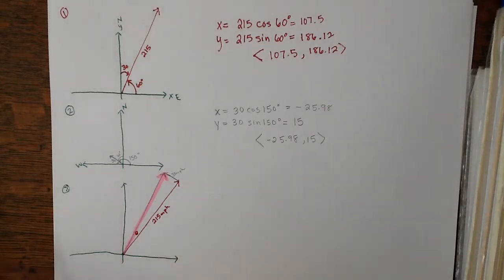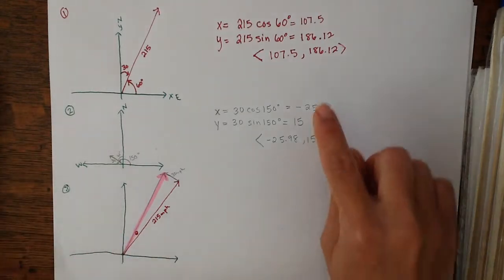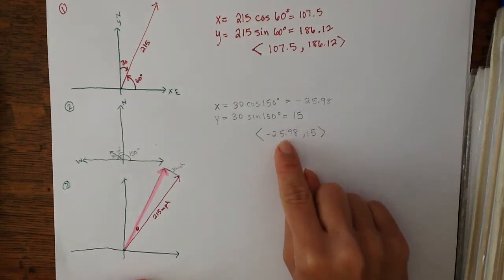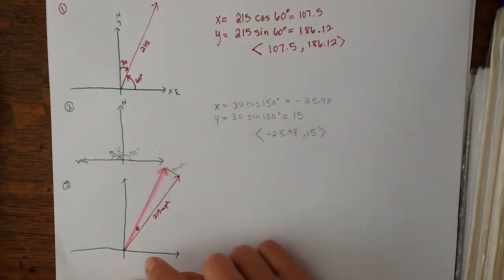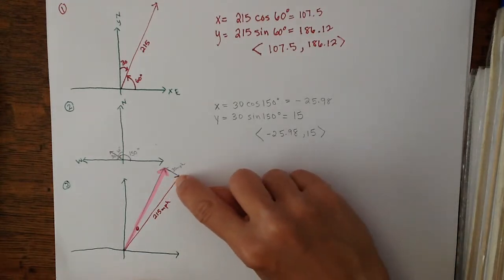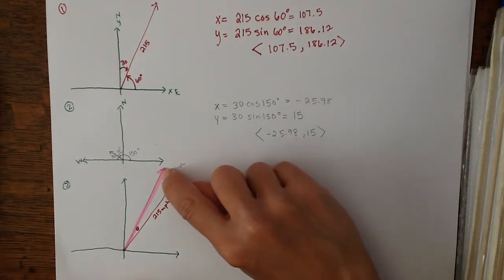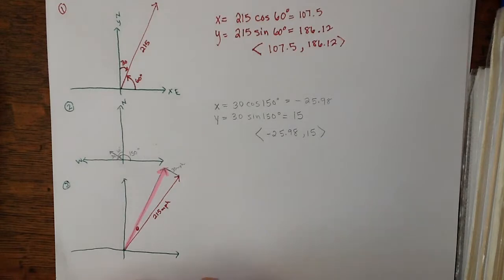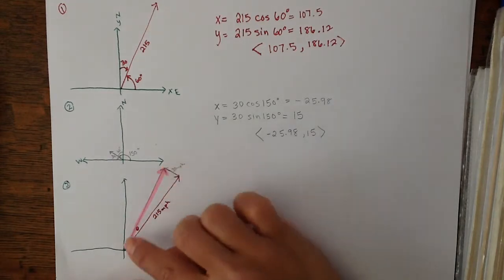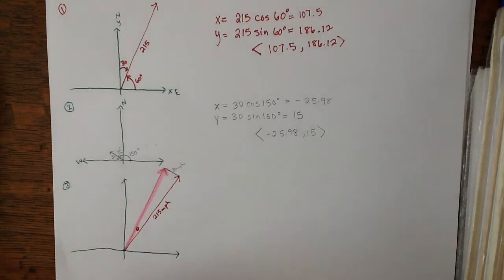Now, to find the components of the third vector, we need to add the components of the first vector to the components of the second vector. Visually, that's what we did here: we took this red vector and added on the gray vector, the 30 miles per hour. When I add those components together, I get what's called my resultant.